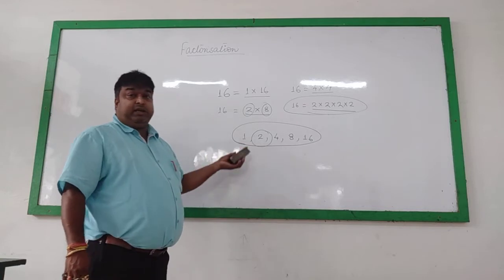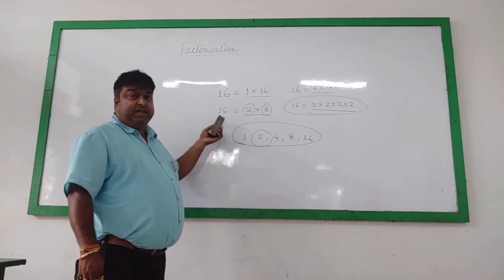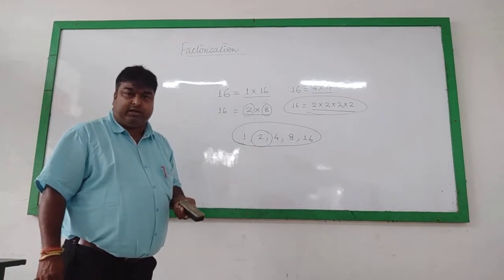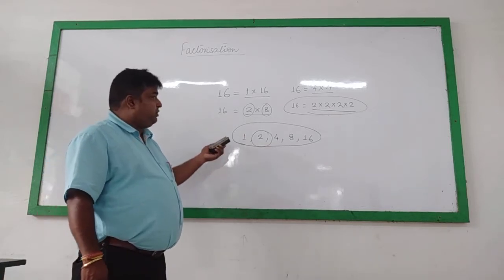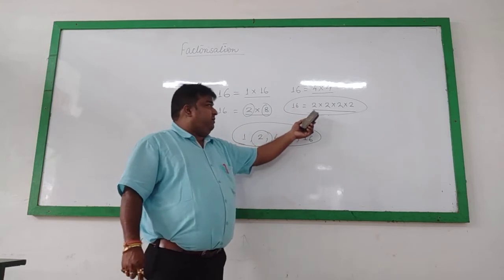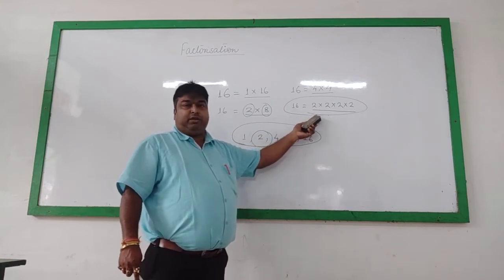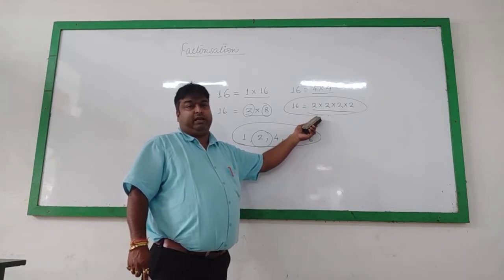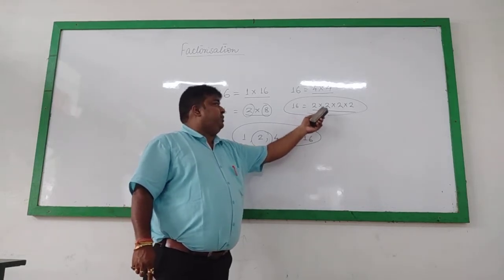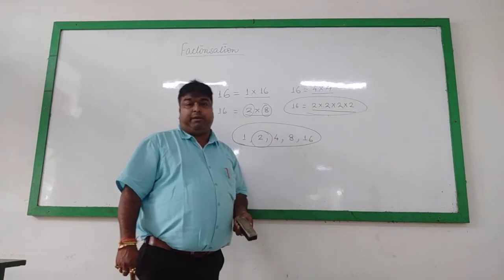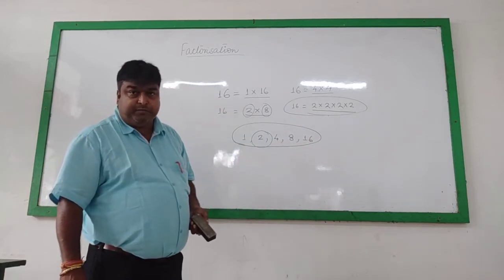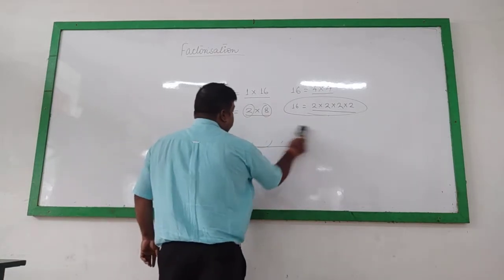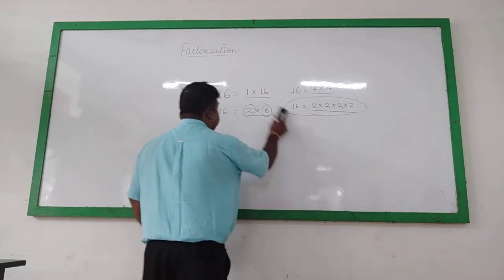When we express 16 as a product form of these numbers, that is called factorization. And when only the prime numbers are used in the factorization, that is known as prime factorization. Like here, 2 into 2 into 2 into 2 is the prime factorization of 16. Got it?